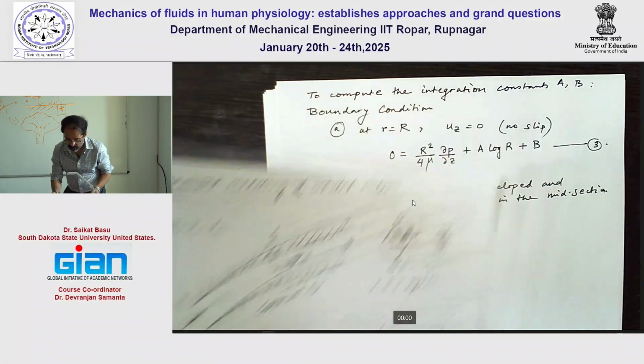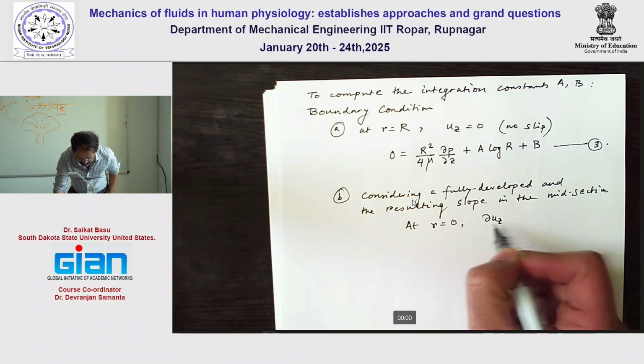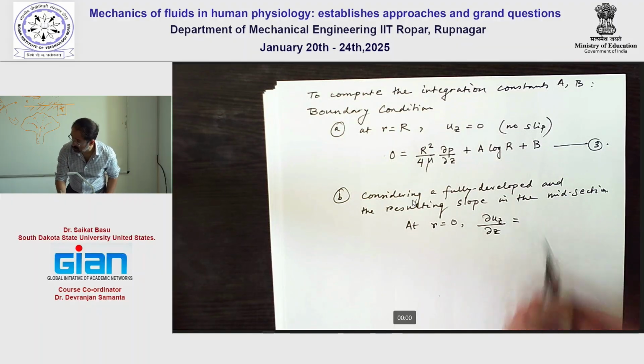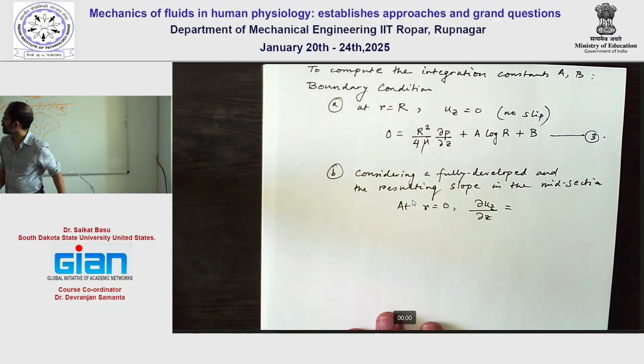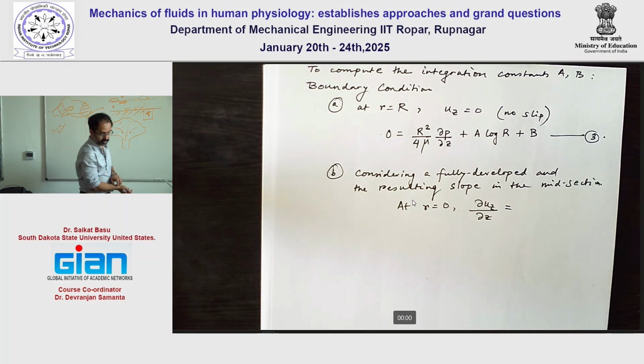So at small r equal to 0, we have del uz del z, which is the slope of the velocity at that point, is 0.